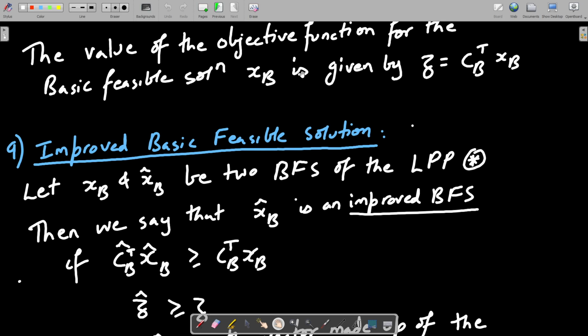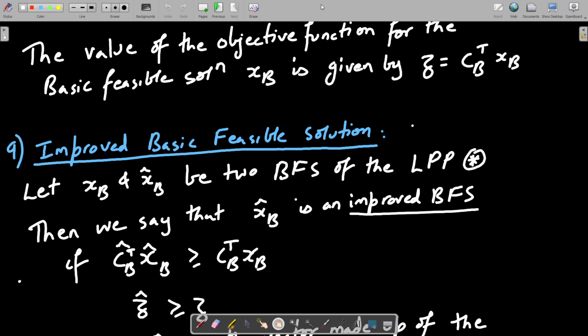Next is improved basic feasible solution. Let xB and xB hat be two basic feasible solutions to a problem. Then we say that xB hat is an improved basic feasible solution if the value of z increases.